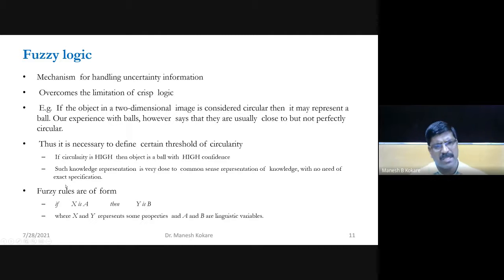When you are using fuzzy logic, generally you have to fuzzify the data. There are several techniques available for fuzzifying the data, and then you have to develop the fuzzy rules. Once you take the action, you have to defuzzify the data, and the actions will be either on or off, that is, crisp.